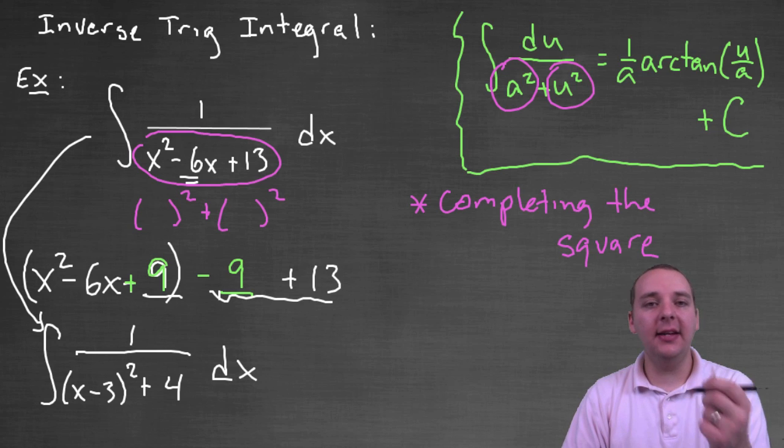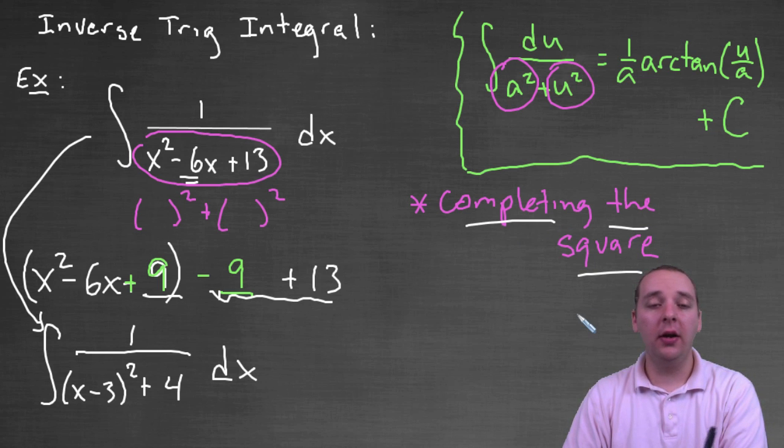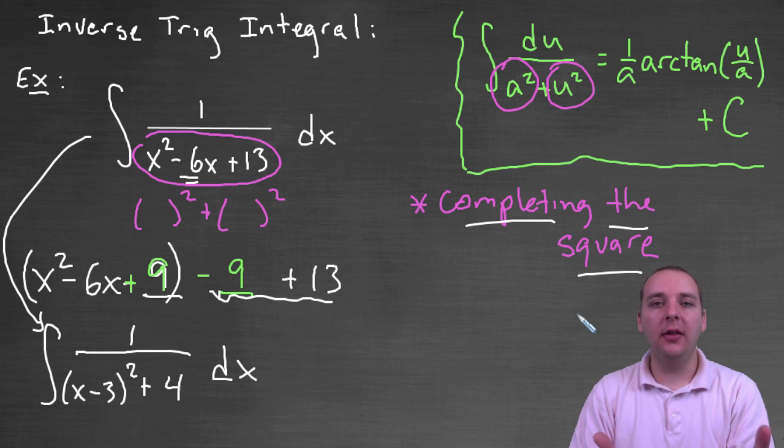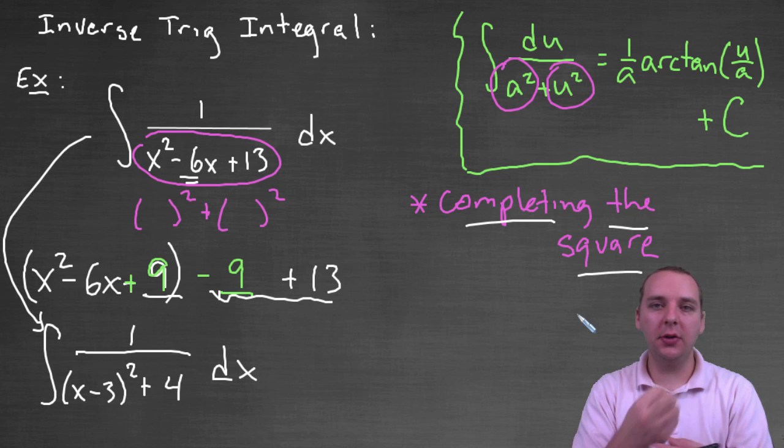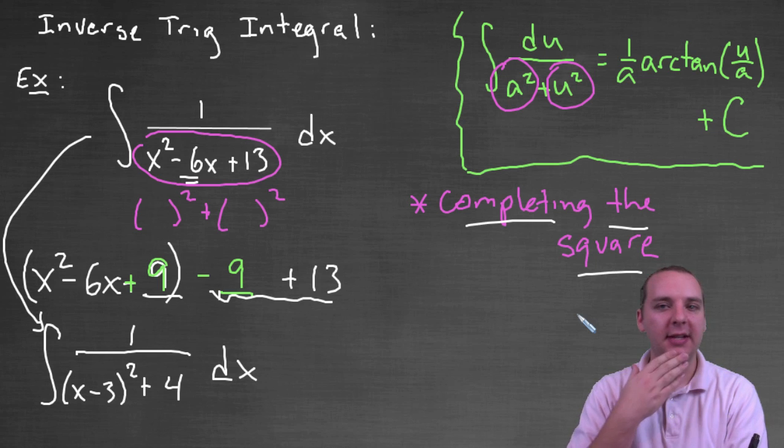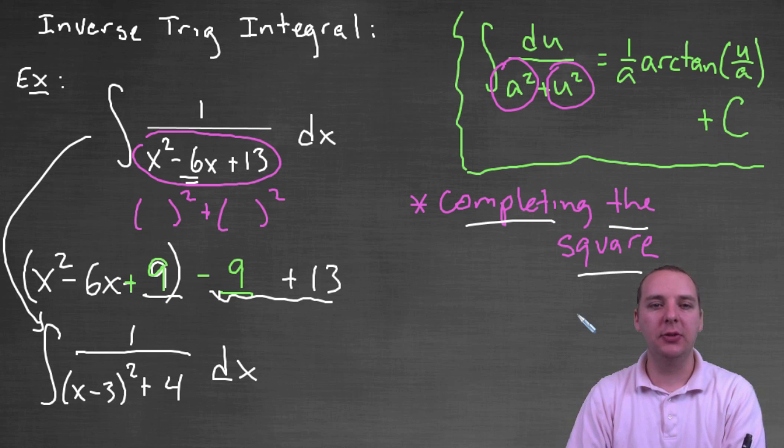Now, there's a key to this problem though, and I can't stress this enough. If you did not know completing the square, to say it frankly, you could not have done this problem. And so much of your old stuff that you've learned in other classes up to this point is going to be so critically important to keep reviewing and keep practicing, old algebra examples and different things that you've done in previous courses.